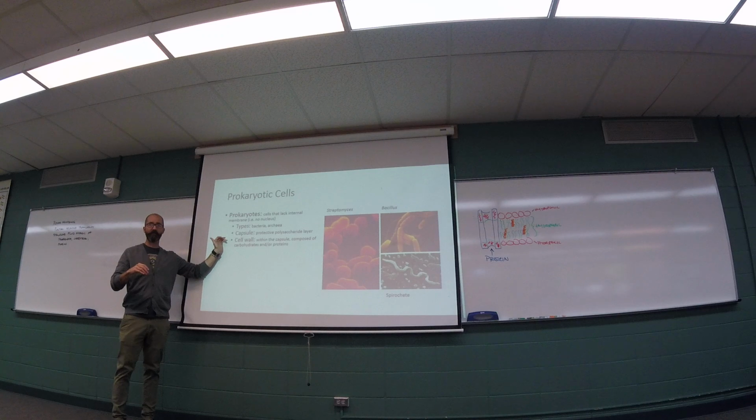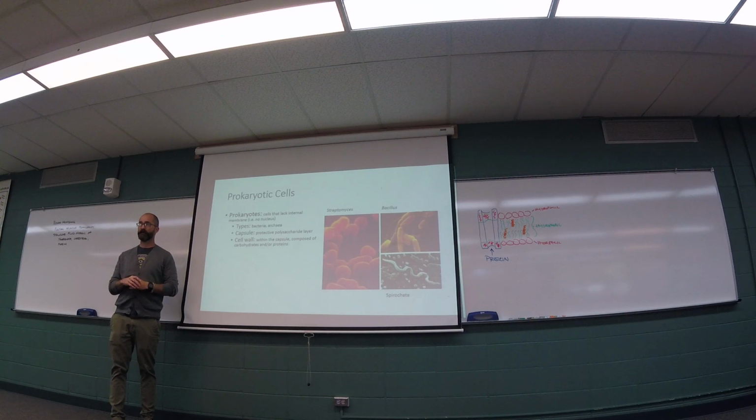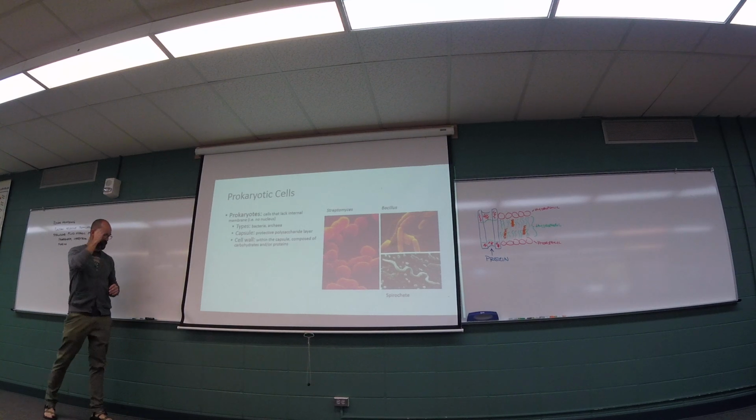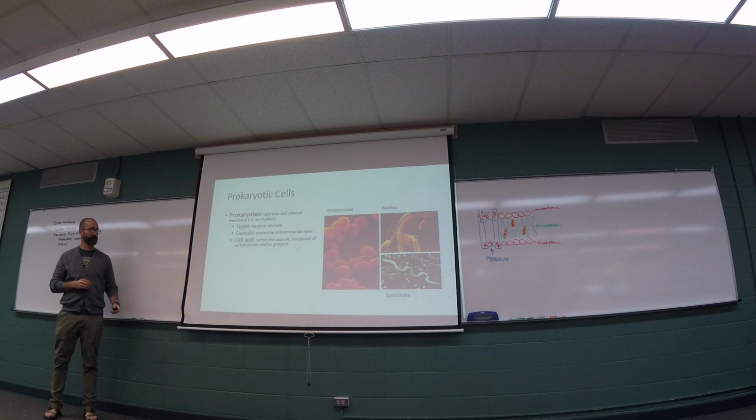The presence and absence of these structures are really what determines gram-positive or gram-negative. And that's an important distinction because the approach to controlling gram-positive and gram-negative bacteria is very, very different from an antibiotic standpoint.